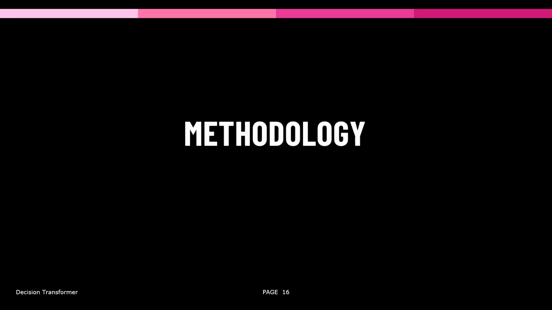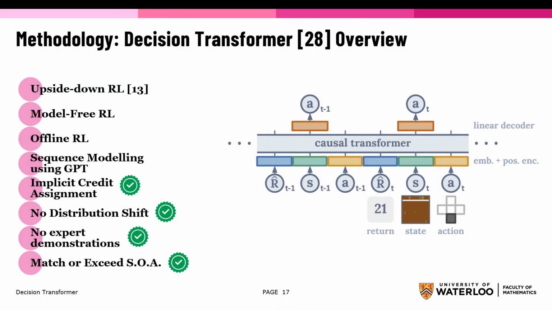Now we explain the exact architecture of the Decision Transformer model. Based on what we saw in the background knowledge, the Decision Transformer architecture uses concepts from upside-down RL, and it's very similar to the method by Kumar et al., with some differences that we will highlight in a bit.